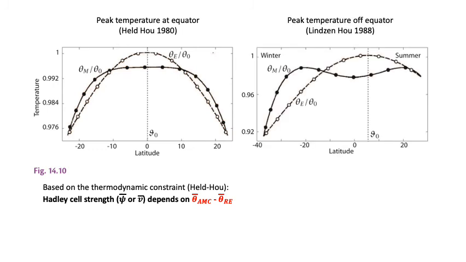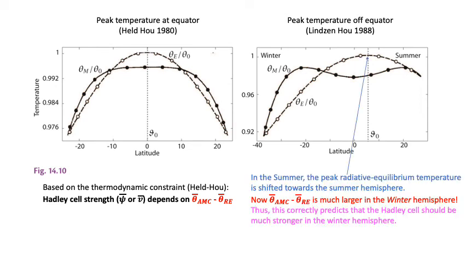And so Lindzen and Hou in 1988 took the same theory and extended it and pointed out that with seasonality, in the summer hemisphere, the peak temperature is going to shift away from the equator. So all you have to do is think about shifting that kind of symmetric curve northward into the summer hemisphere.